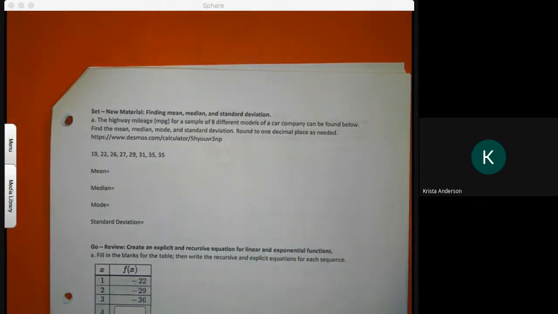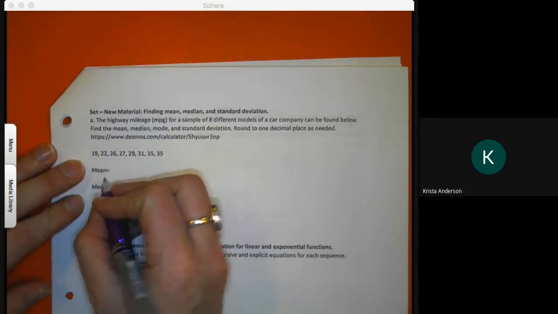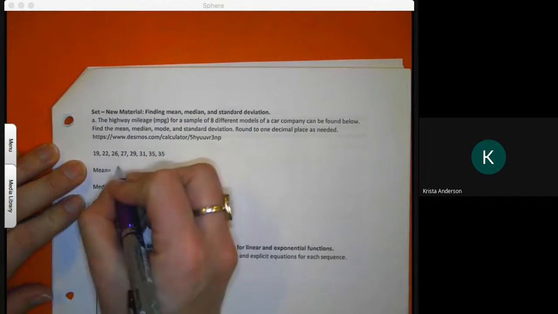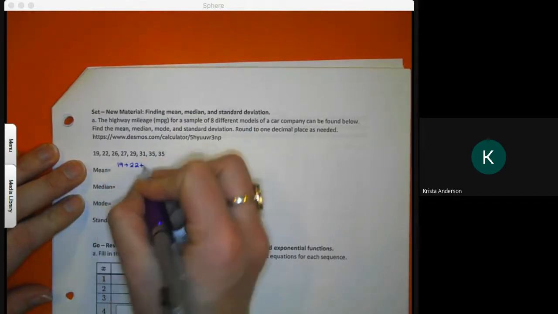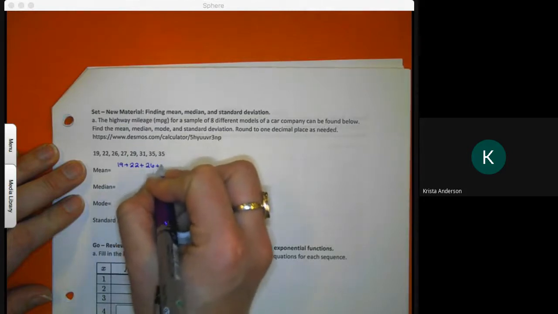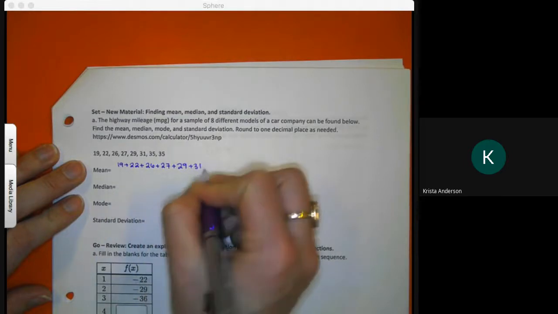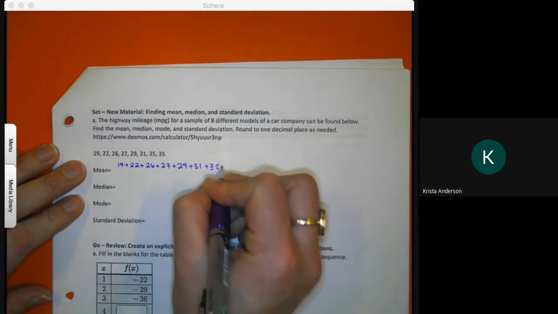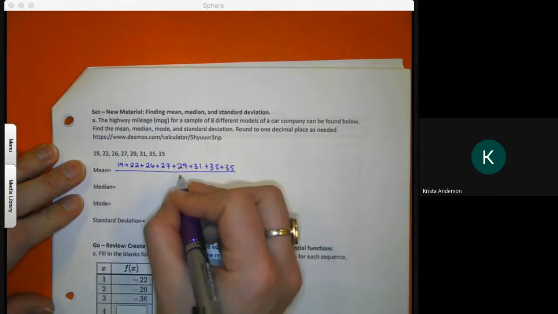So I'm going to first do the mean. I know how to do that. You're going to add them all up, divide by 8 because that's how many cars were in the sample.